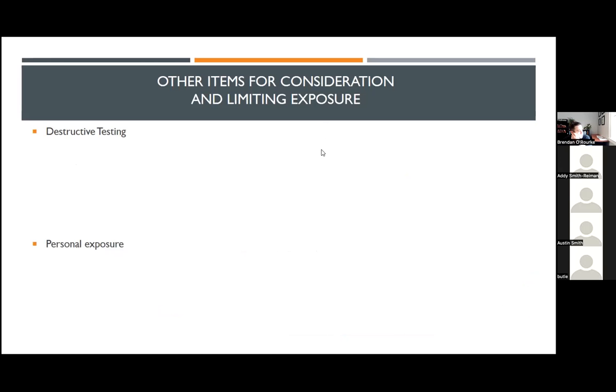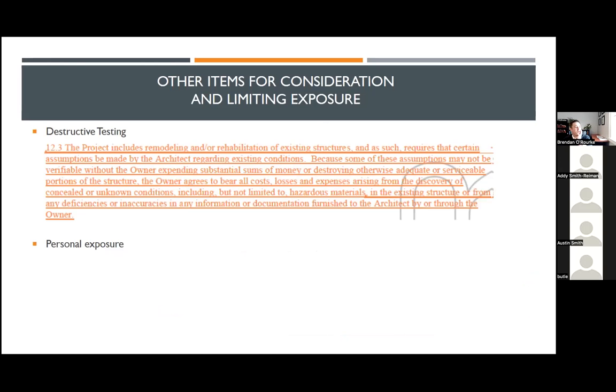So when I'm dealing with renovation projects, I like to include language within the contract that talks about the fact that the structure is being remodeled or improved or rehabilitated, and the fact that without some expensive and time-consuming destructive testing or exploration, you as the design professional are essentially relying on the information that's known, and to the extent that there are unknowns that pop up that impact the project, it's on the owner to bear all costs, losses, and expenses arising from those conditions.